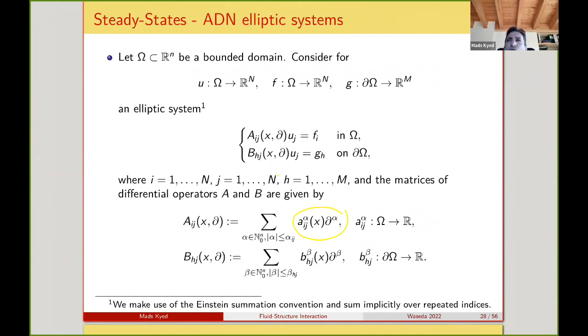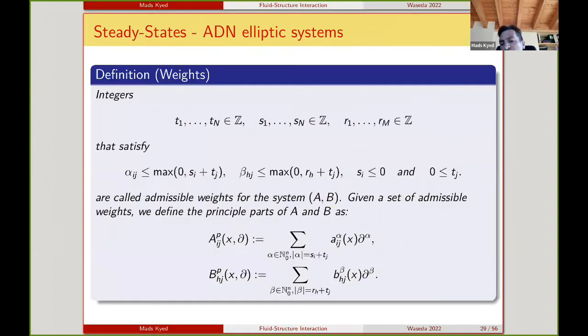Now, of course, you could say we just use the symbol of the highest order terms with respect to differentiability, but somehow that doesn't give you the correct definition of ellipticity. So you have to introduce these weights. So the weights are needed. Let's leave it at that to introduce what is called the principal parts of A and B.